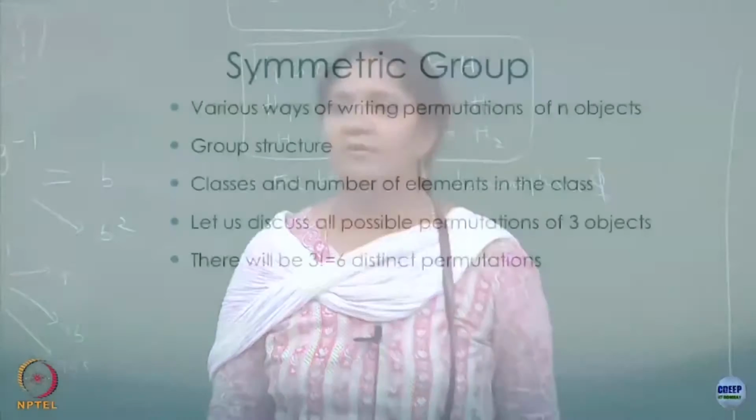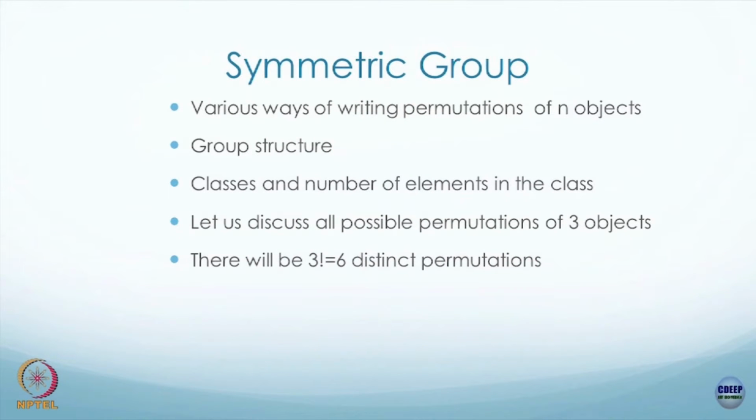So, just for specific clarity, let us look at permutations of 3 objects, and then extending it to 4, 5 can be done, you can try and play around and get clarity. So, there will be 3 factorial, which is 6 elements.